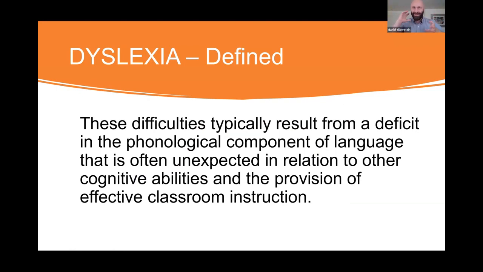Hearing sounds, manipulating sounds, blending sounds, all that sort of thing. You have to rule out all the other cognitive stuff in a formal evaluation. And then you have to think that there's been some effective classroom instruction. That part is like, has a student missed a bunch of time in kindergarten and 1st grade, or did they have a substitute for 2 years, or whatever it is? That's when you could think about what the factors are there in terms of instruction.